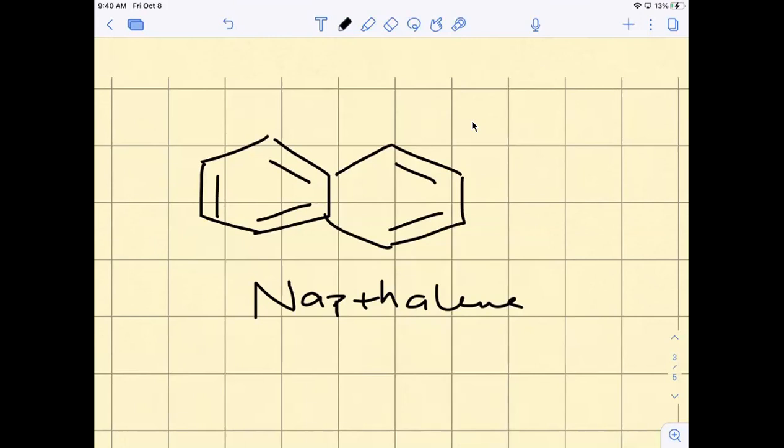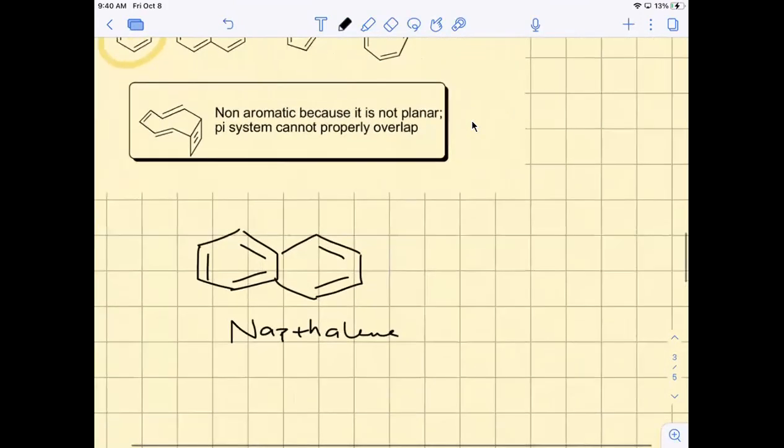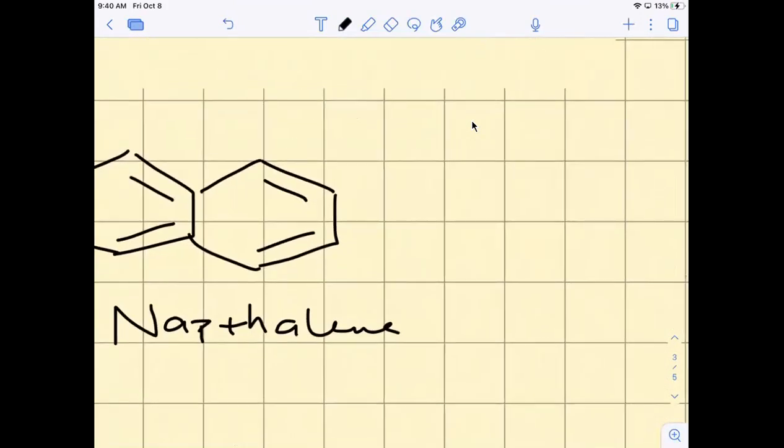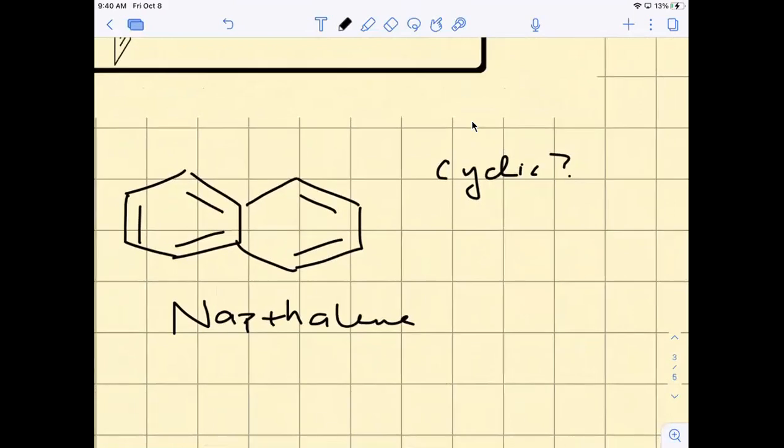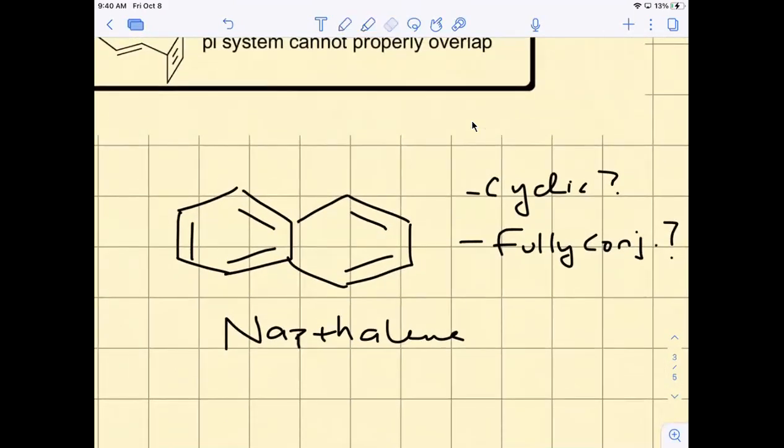So with naphthalene, let's see if it matches. So is it cyclic? Yes. It just happens to be 2 rings fused together, but it is still cyclic, right? Is it fully conjugated? Let's ask that question. And the way you figure that out, if you can't just eyeball it, is to go ahead and put your p orbitals in on each carbon.